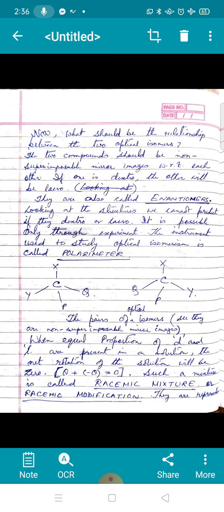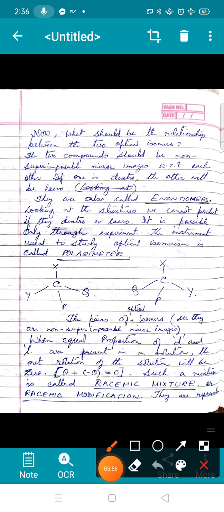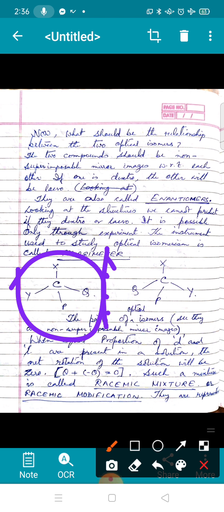You see, if I assume that I am holding a mirror here, and this is the compound, the mirror image of this compound will be this. Now remember, these are two different molecules.